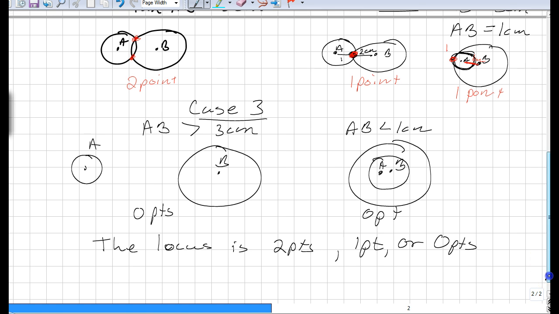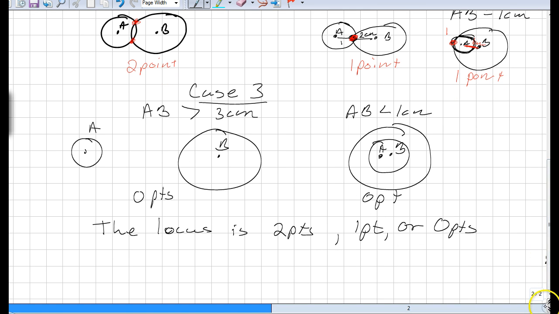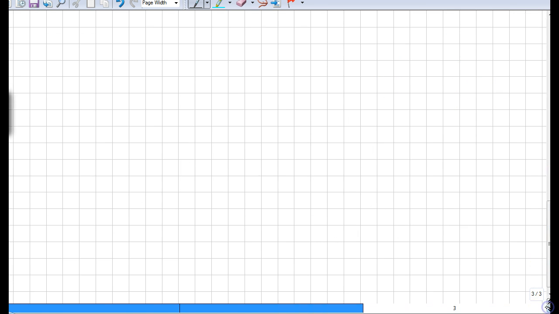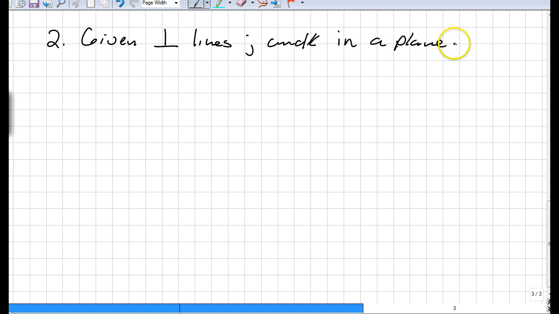Okay, let's look at one second example. Okay, example 2. Given perpendicular lines J and K in a plane. So again, we're looking at a plane.